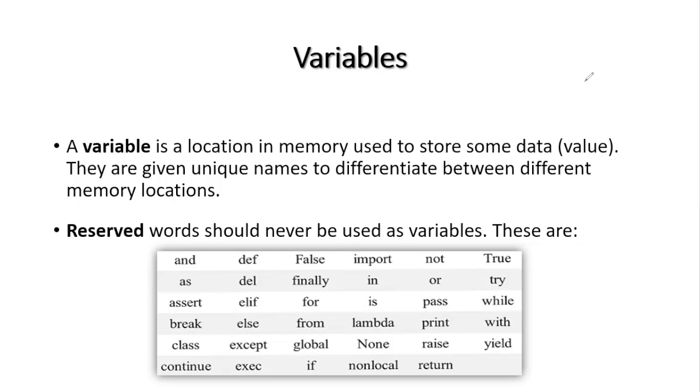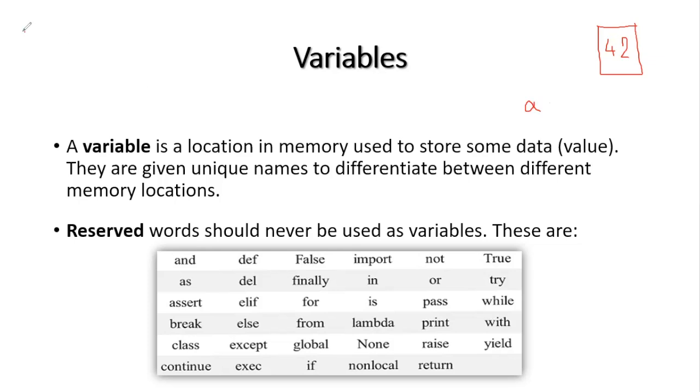In Python, a variable is merely a pointer to a particular memory location. So let's say I have some data stored. This is my memory location. Let's say 42 is the value, and A is the variable.